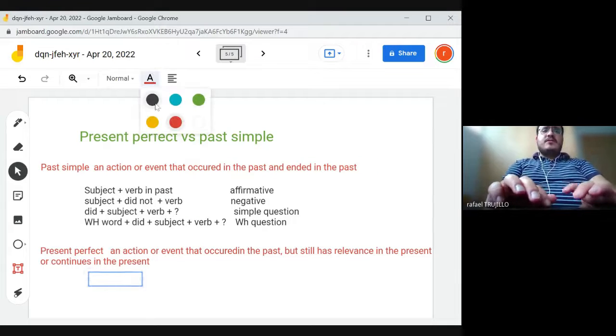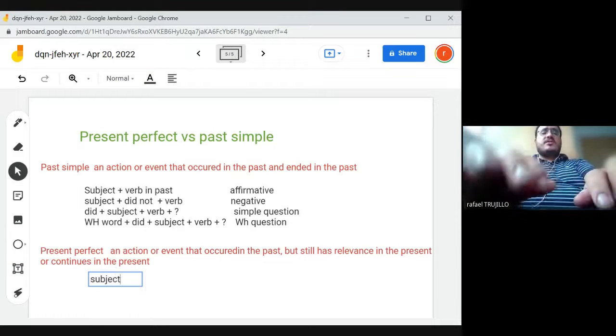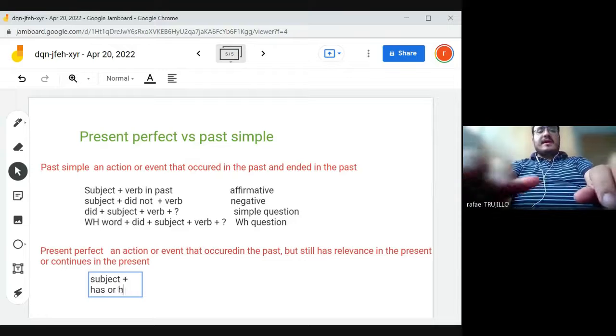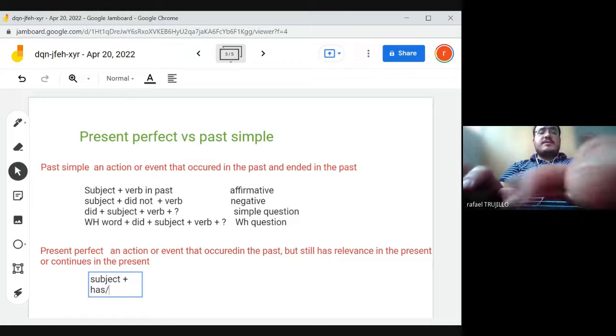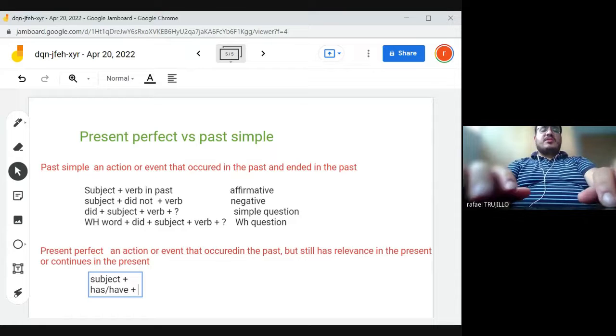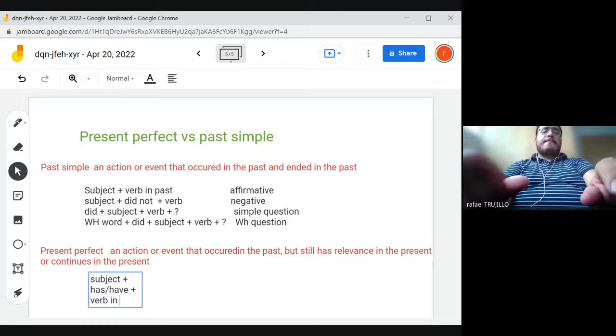Pretty easy. We'll keep it simple, just like the other one. Subject plus has or have, well, has, have plus verb in past participle.